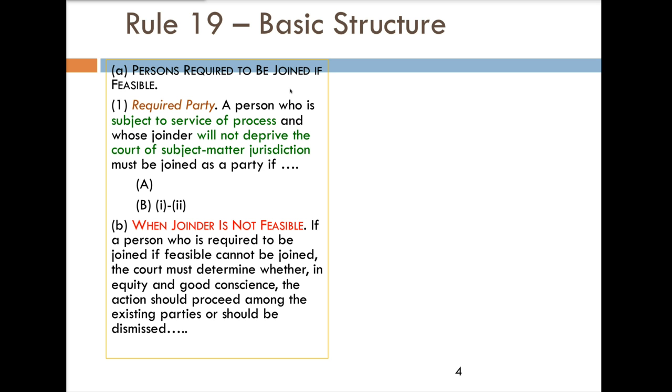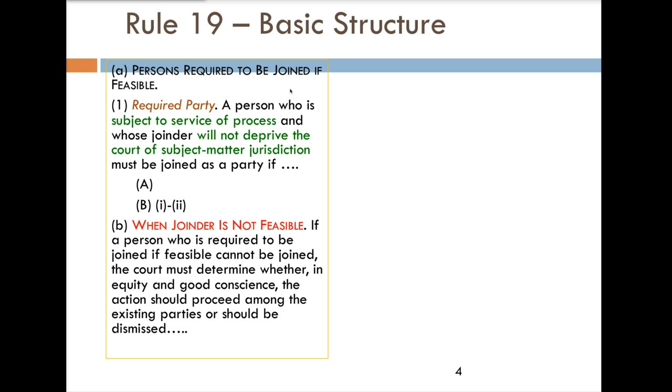So the first thing you look at is if you have a Rule 19 required party. I didn't list out all of this rule because I'm trying to emphasize the two parts of Rule 19 that we're focusing on. Only if you have a Rule 19 party who you cannot join because there's no SMJ or PJ, will you then move on to 19B, which is titled When Joinder is Not Feasible, and they're talking about joinder of the 19A required party.